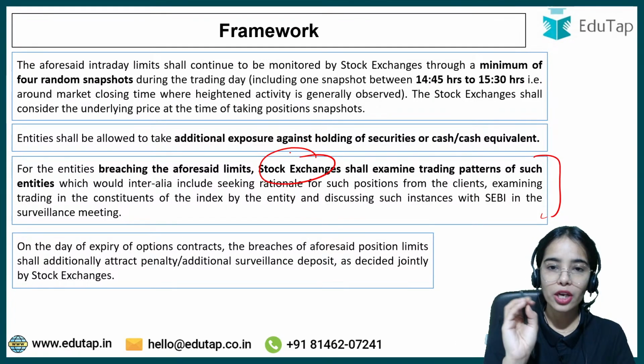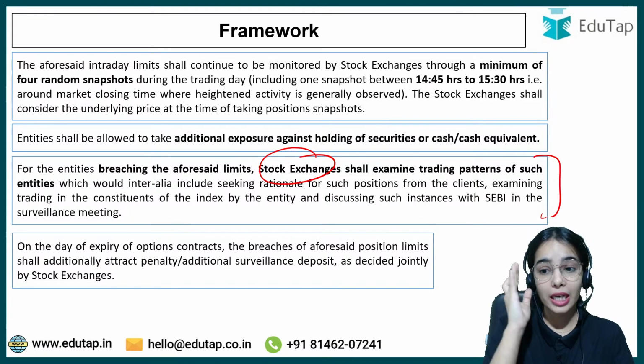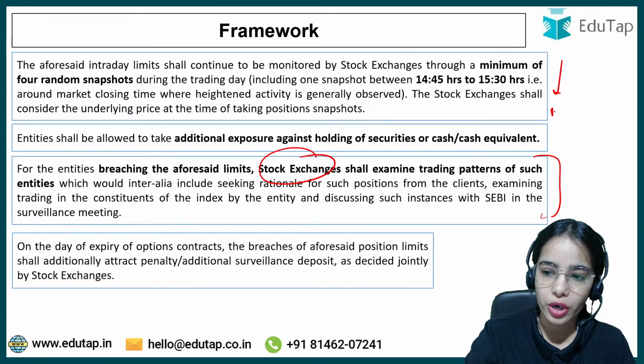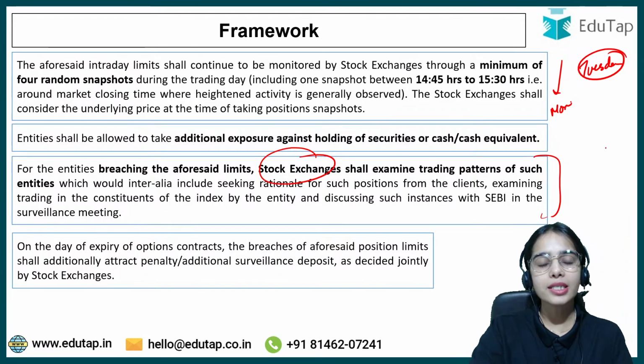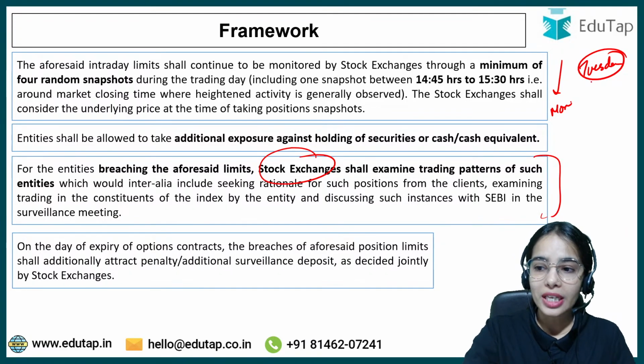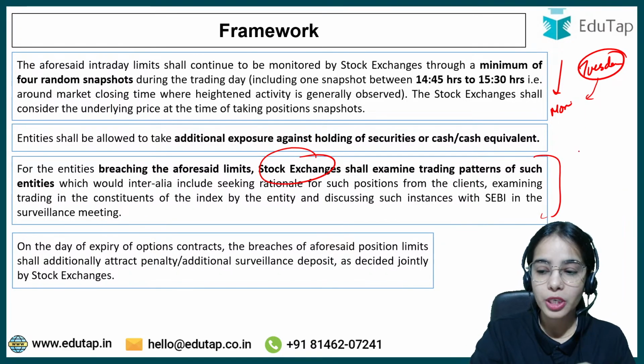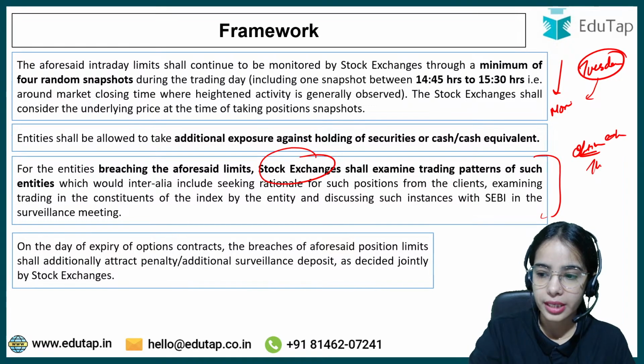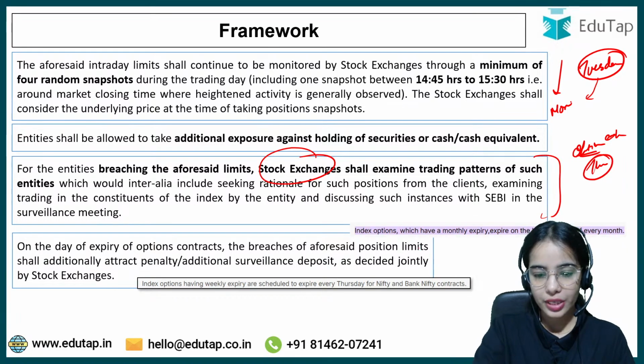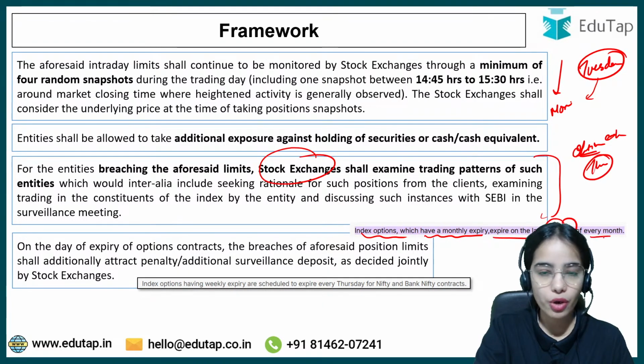Now, on the day of expiry of the option contract: let's say you have bought the option contract in the morning of Tuesday. The option contracts are usually weekly. So even though you are taking the intraday position, the option contract is going to expire on Thursday, let's say. Usually, index options which have a monthly expiry expire on the last Thursday of every month.